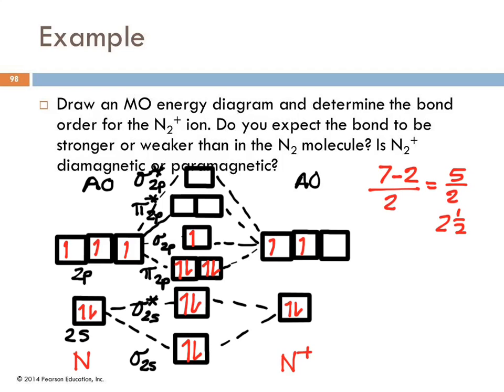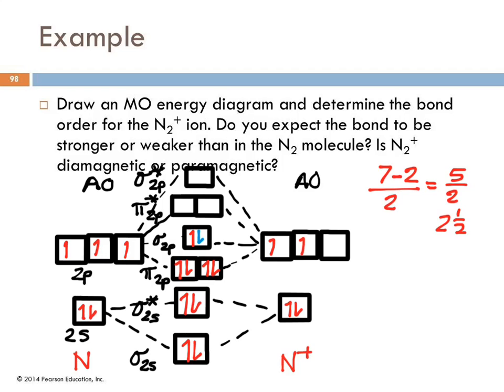Is that stronger or weaker than the N2 molecule? Like, well, we don't remember what N2 was. Well, N2 would have 1 more electron, right? Yeah. So it would be 8 minus 2, because that extra electron would be in a bonding orbital.